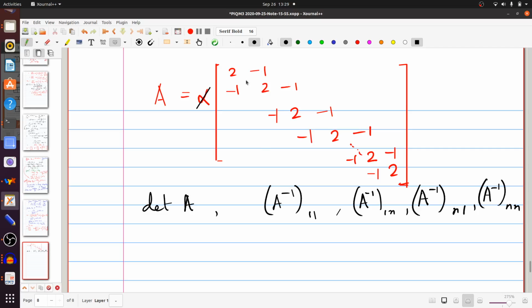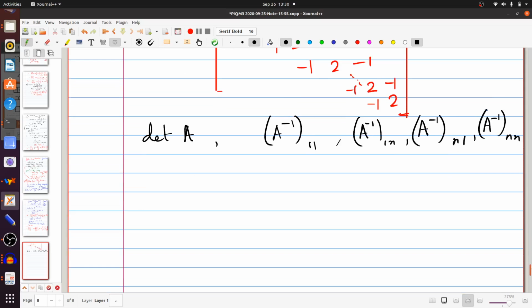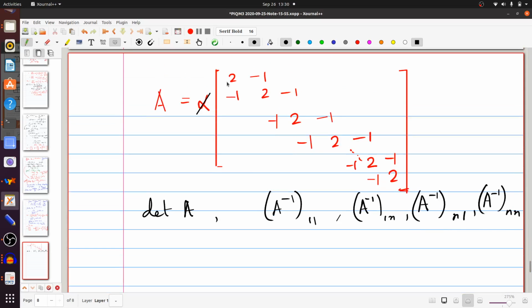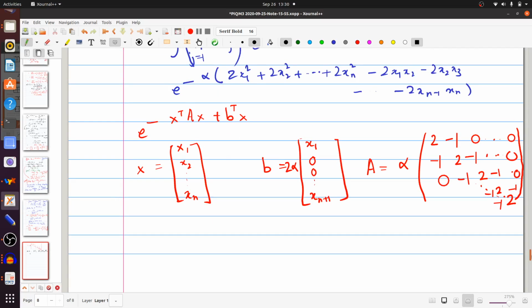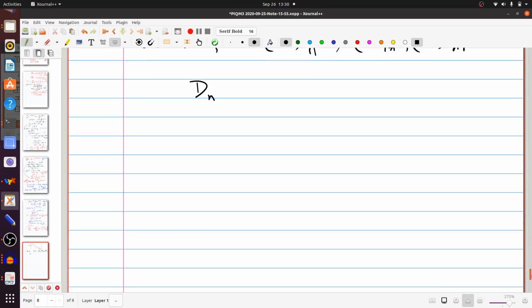And if you find the inverse elements of this matrix here, the one without the alpha, then the elements of A inverse will simply have an extra 1 by alpha in front of that. So putting back the alpha is really rather simple. So with that in mind, let's call the determinant of this matrix here without the alpha dn, because it of course depends on the size of the matrix. So what we will do is we will try to find out a formula for dn.